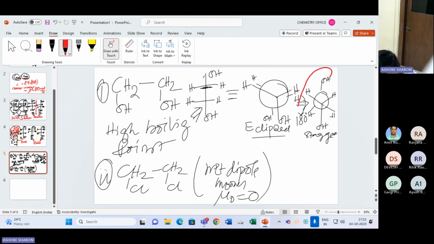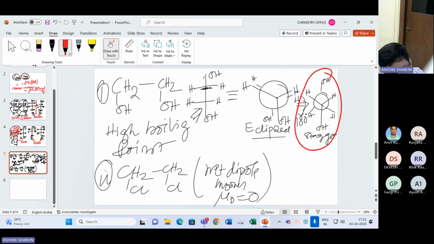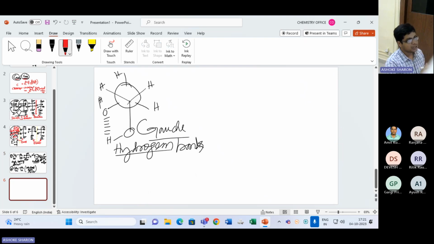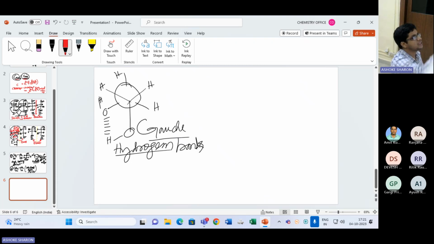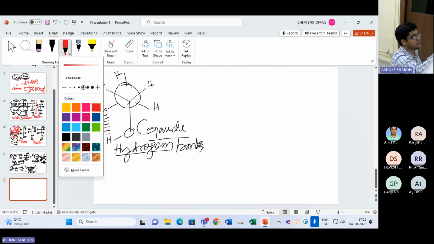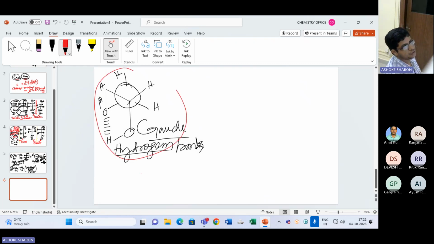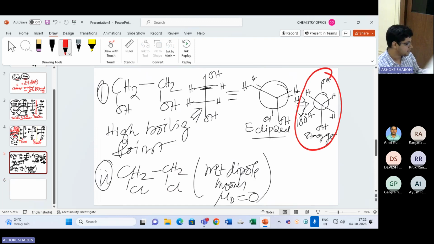The eclipsed structure is always unstable, so such molecules will definitely prefer to stay in this structure. As a result, gauche structure, strong hydrogen bonding, it will increase the boiling point of such systems, ethylene glycol kind of bonding. So when such a problem comes, immediately you have to draw this structure.